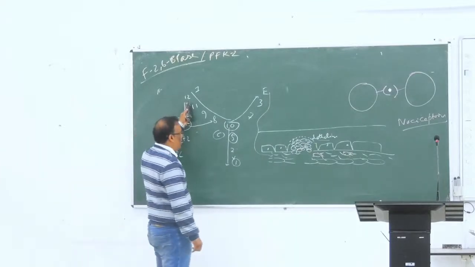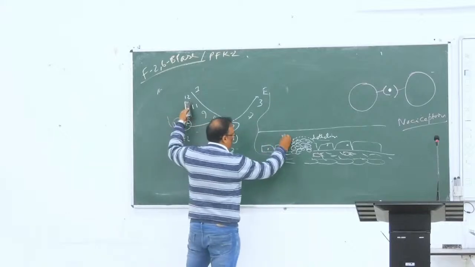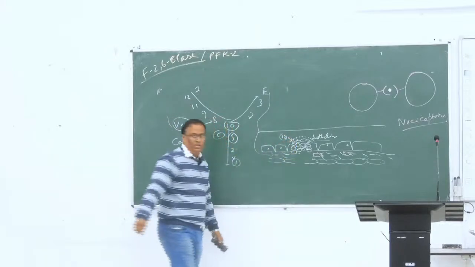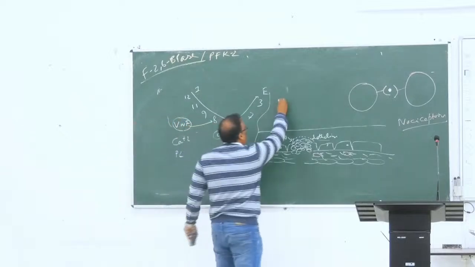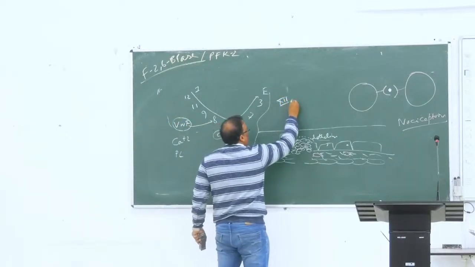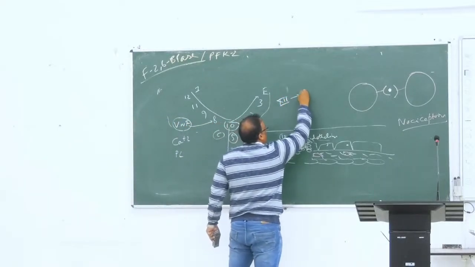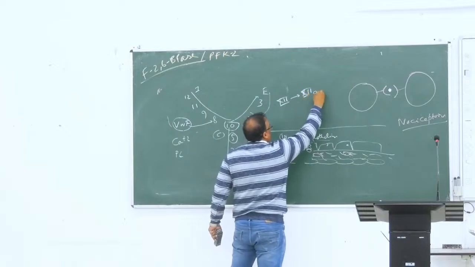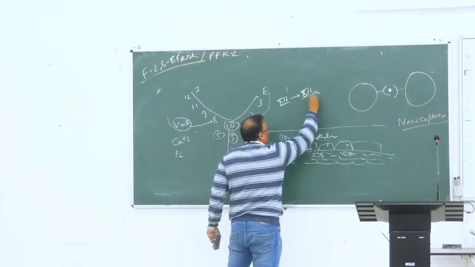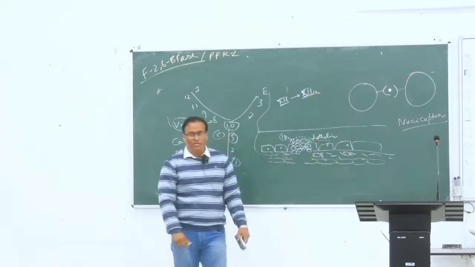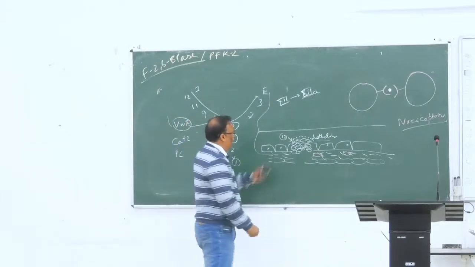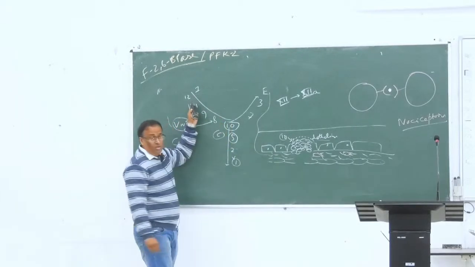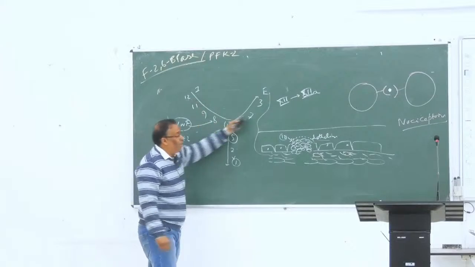So factor 12 comes in contact with these negatively charged surroundings, and only then does it become the activated form. You can write it like that, it is better. The small a represents the activated form. It's written in your book already. This is for understanding, not for your written purpose.